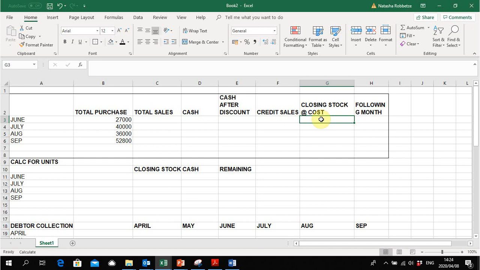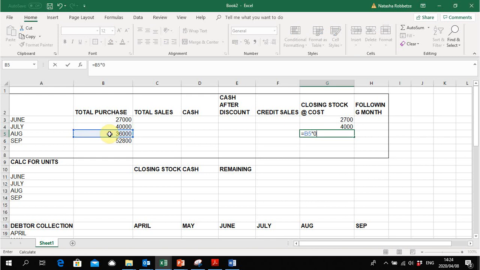And we are told that 90% of it is sold. So we can say that of this total purchase, 10% will remain as closing stock. So I am calculating the closing stock in each instance.